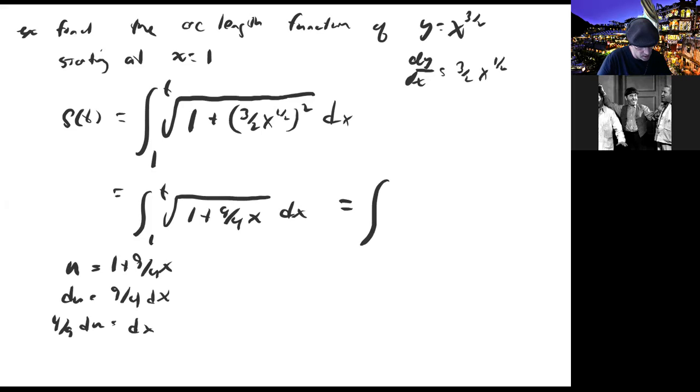When x is 1, u is 1 plus 9/4, which is 4/4 plus 9/4, which is 13/4. And when x is t, u is 1 plus 9/4 t. And it's going to be the square root of u times 4/9 du.